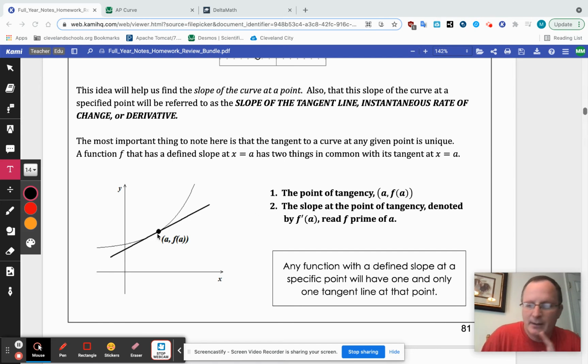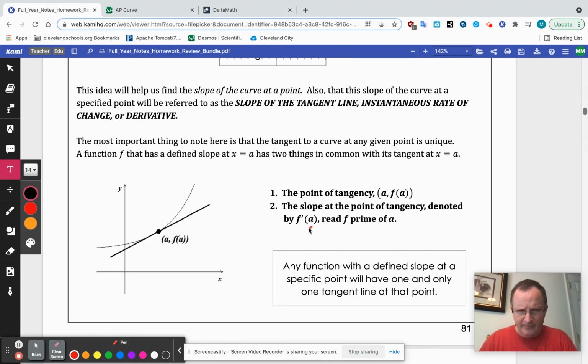And in all of the work that we're going to do in this lesson, it will be at (a, f(a)). And then this is big. The slope of that line will be denoted by, and this is a notation we're going to use the rest of the year, f prime of a. f prime of a is going to be the slope. So the slope of that line right there will be called f prime.